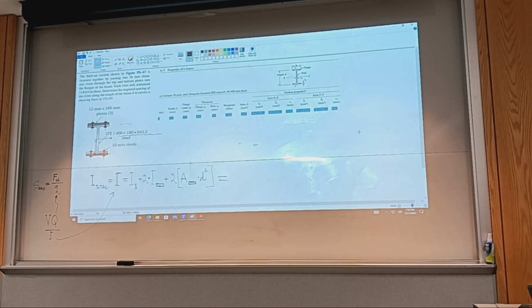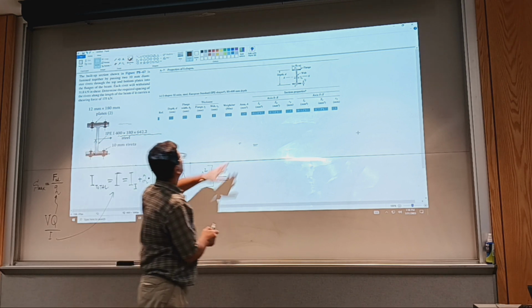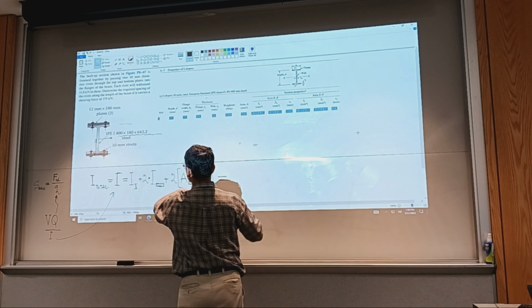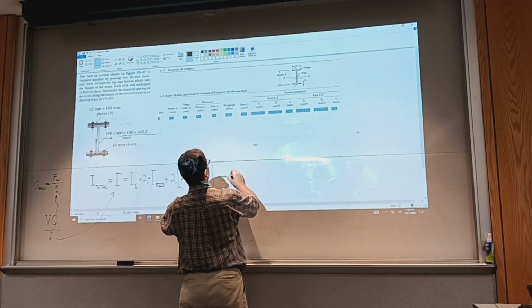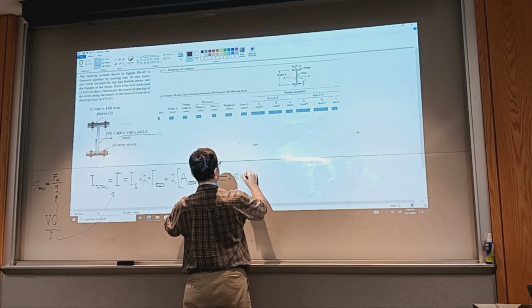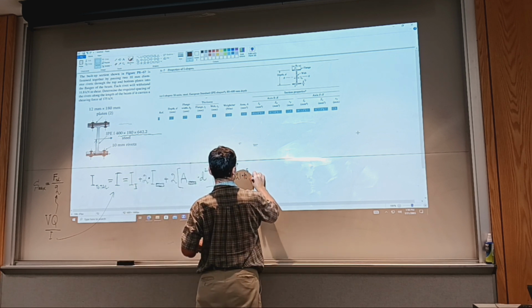Okay, so what goes here is going to be the Ix value. It says power 8, I think it does. So 2.321 times 10 to the power 8 millimeters, I said 8. And then I have the flats.